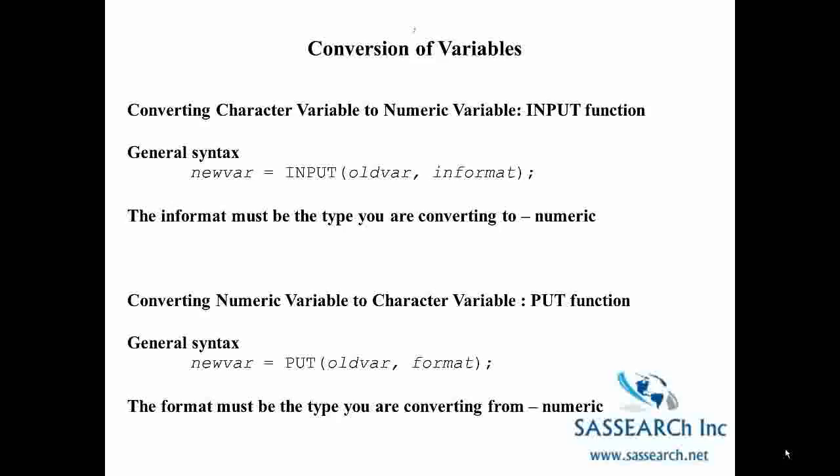You would use the put function to do that. And similar to using an informat when we're creating a numeric variable, to make a numeric variable into a character variable, we are actually going to have a format in our put statement. The format must be the type you are converting from, and in this case we're converting from a numeric to a character string. And again, we'll look at an example of that in the SAS demonstration video.